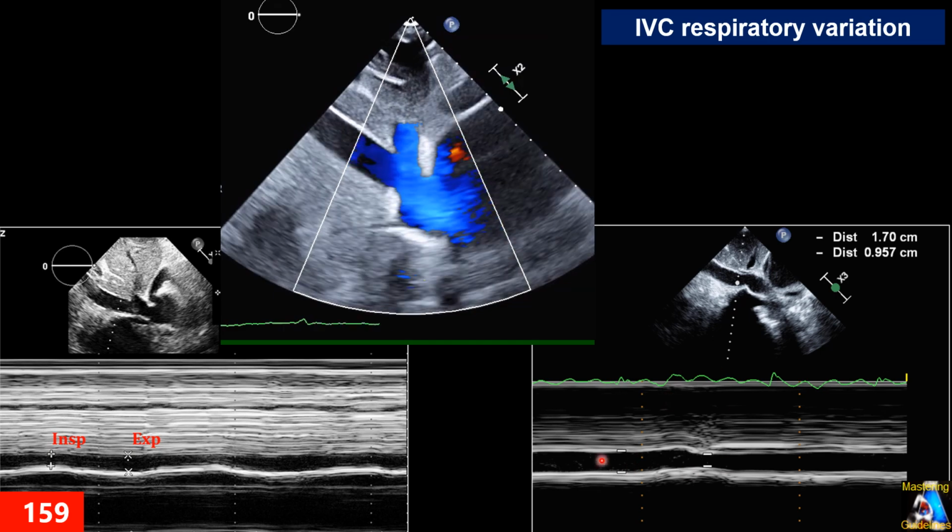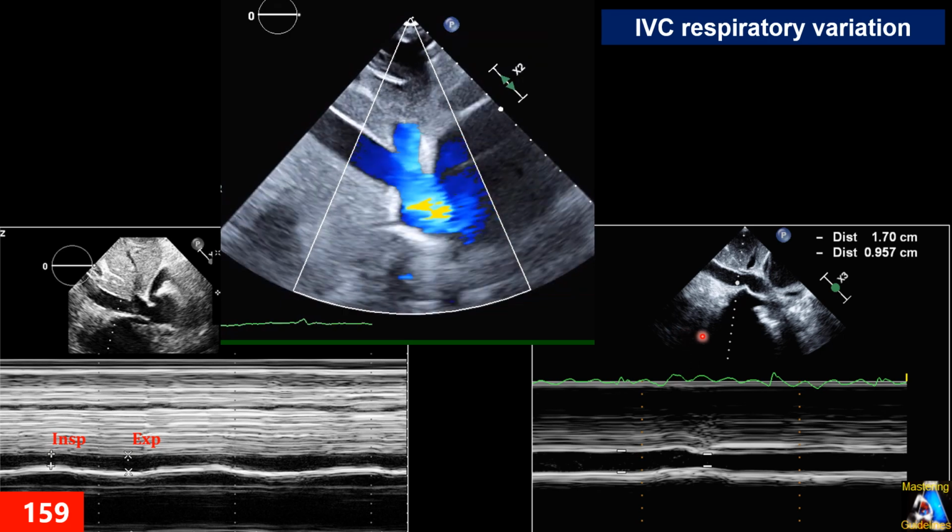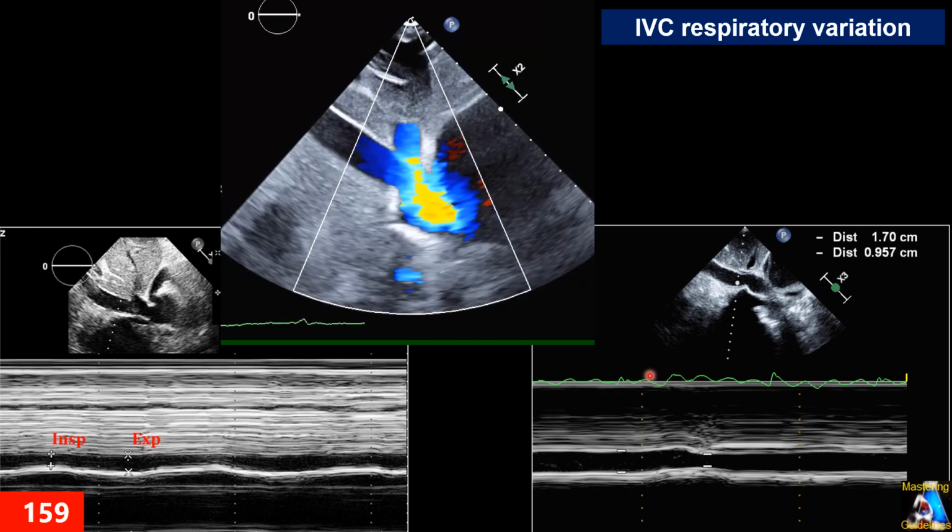If this amount of collapse is more than 50%, we call it normal collapsibility. If it's less than that, it is a positive sign for increased right atrial pressure, which I'm going to talk about in detail.